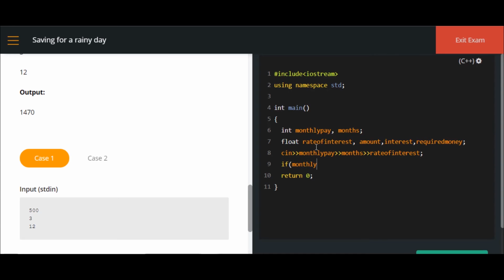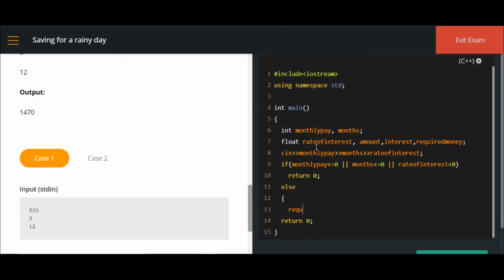If monthly pay is less than or equal to 0, or months is less than or equal to 0, or if rate of interest is less than 0 (it can be 0, but it should not be less than 0), then you'll have to simply return the value 0. If not, we'll have to calculate the required amount. So required amount, I'm just copying the monthly pay for the first month.